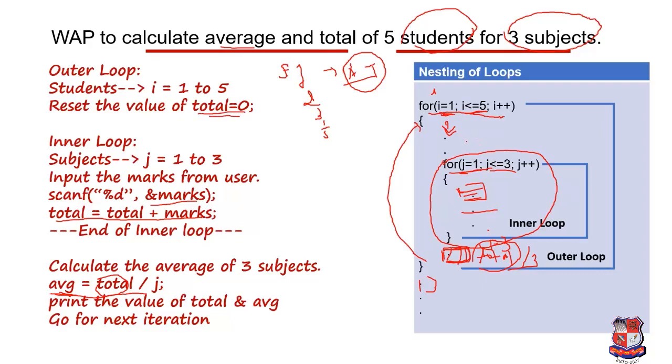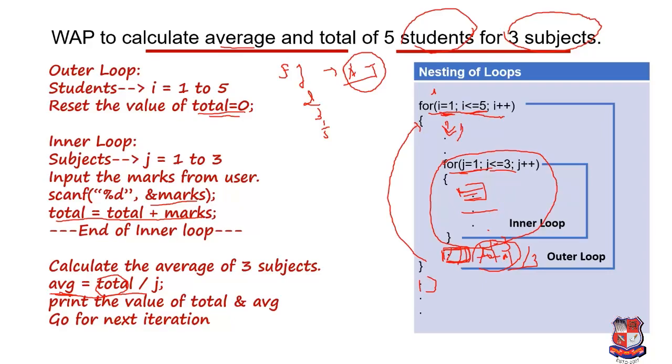If we do not reset the value of total, then the total keeps increasing. For example, the first student's total is already stored, and if we do not make it 0, then the next student's marks will be added into the same total.